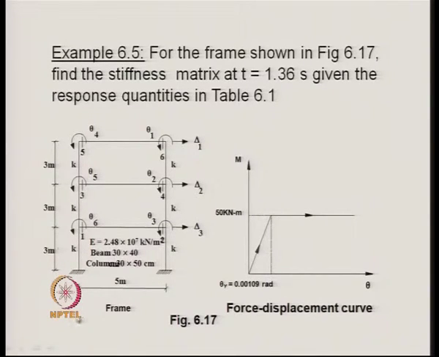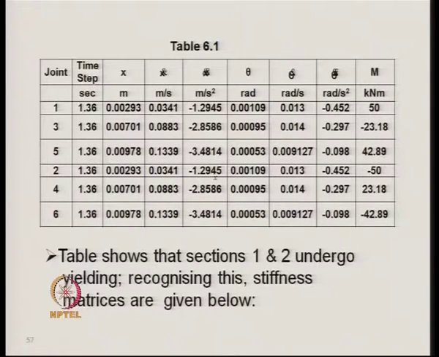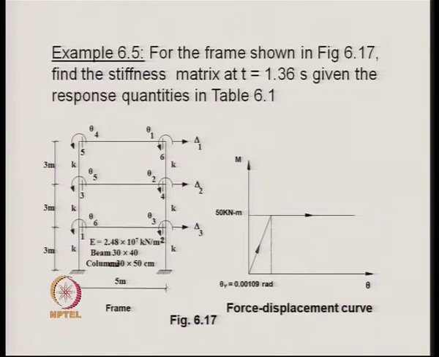We consider the values of the rotations and the displacement, and at t equal to 1.36 second, these values are given in the following table, that is as joint 135 and 246. 135 are the left hand joint of the beams and the 246 are the right hand cross sections of the beam, and the left hand side is 135.